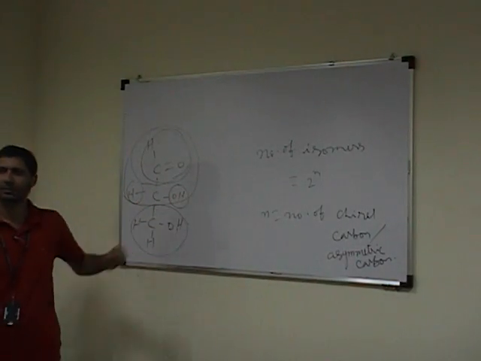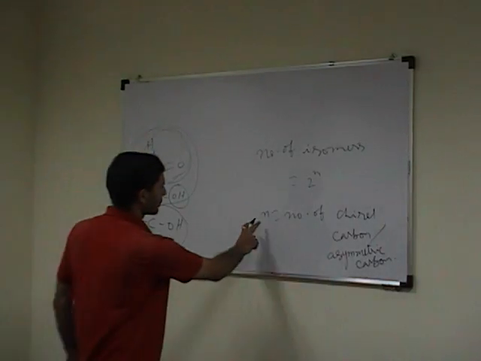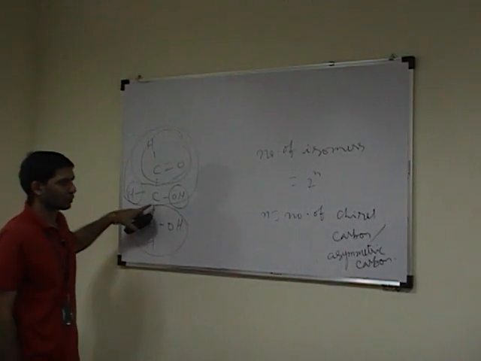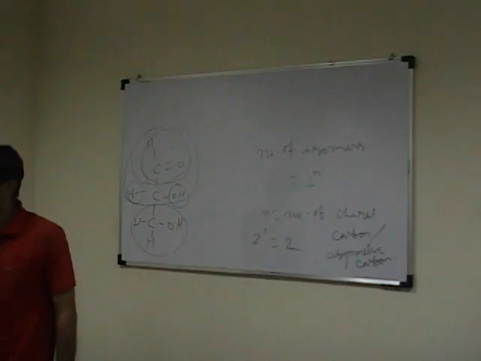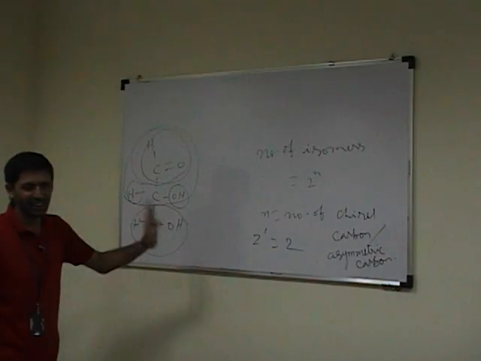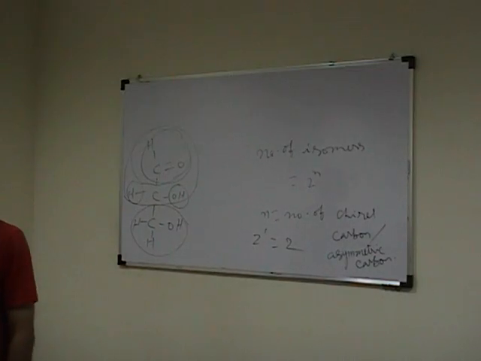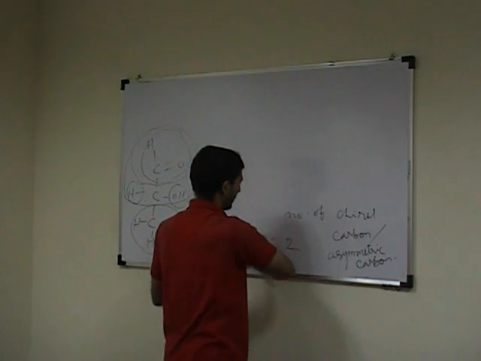Now you tell me how many isomers you will get from this. 2. Okay? Because n is equal to 1, so 2 to the power 1 will be 2. So as you know, it is aldose and its other isomer is ketose, and ketose is dihydroxyacetone. It is an isomer, you can see.